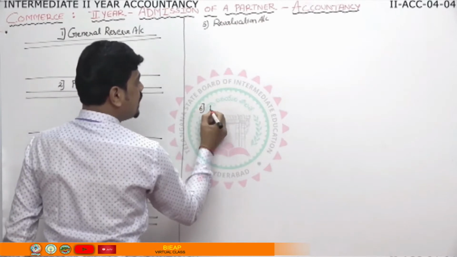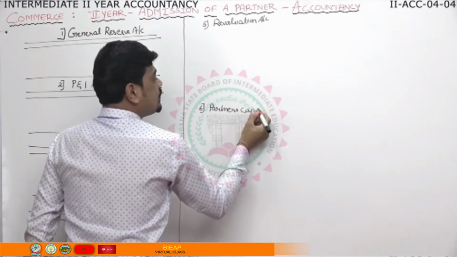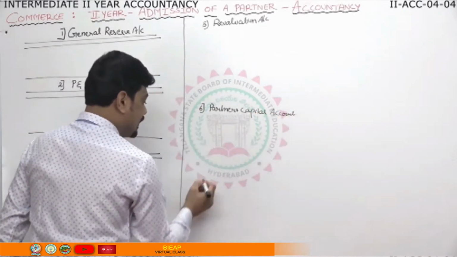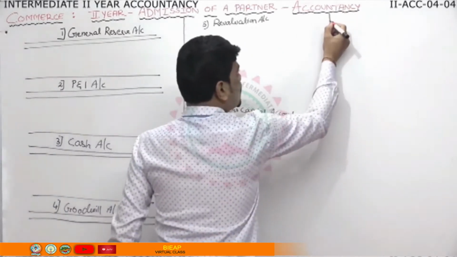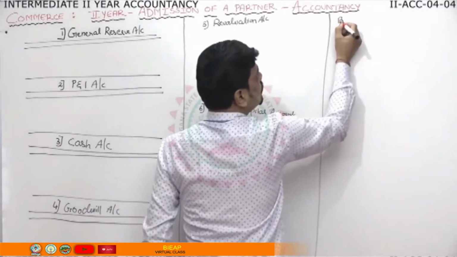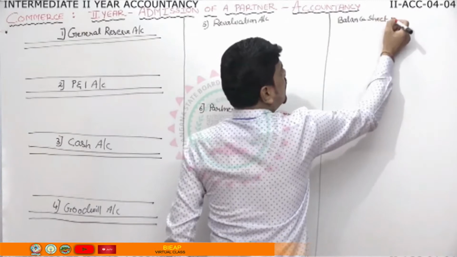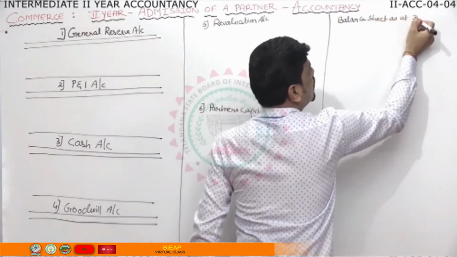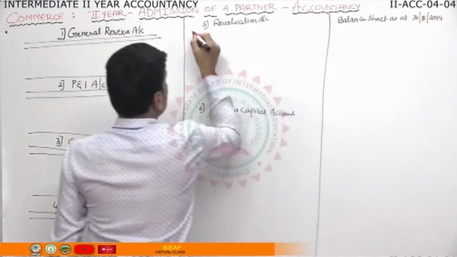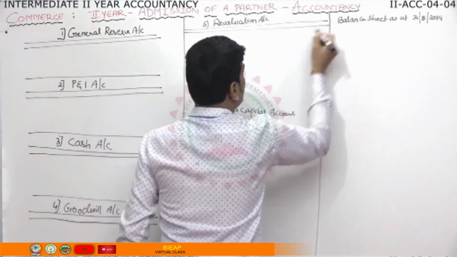Then 6th, I'll make the partners capital account. This also I'll keep a little bit big. And then here I'll do the balance sheet. Here I'm doing the balance sheet as at 31st March 2019. So here I'm drafting the accounts.